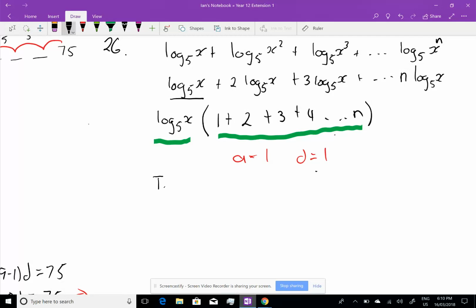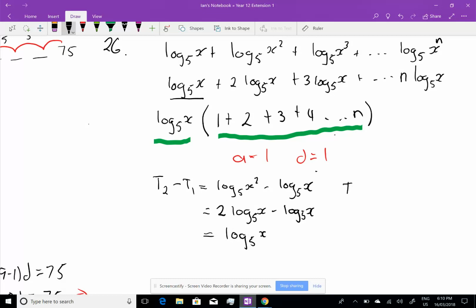So if I go t of 2 minus t of 1, I'll get log 5x squared minus log 5x. Pull the 2 out the front, and I'll get 2 log 5x minus 1 log 5x, which will give me just 1 log 5x.